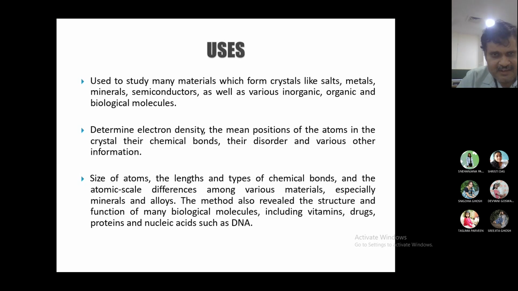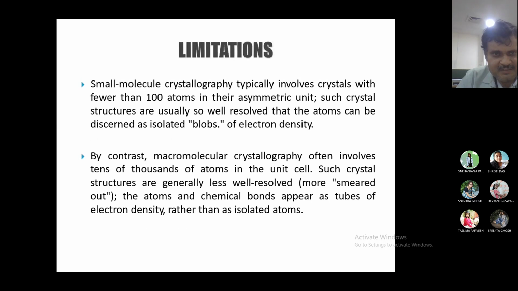There are varied applications, and there are some limitations also. Small molecule crystallography typically involves crystals with fewer than 100 molecules in their asymmetric unit. Each crystal structure is usually so well resolved that the atoms can be discerned and isolated like blobs, but macromolecular crystallography often involves tens of thousands of molecules inside the unit cell. Such crystal structures are generally less well resolved.